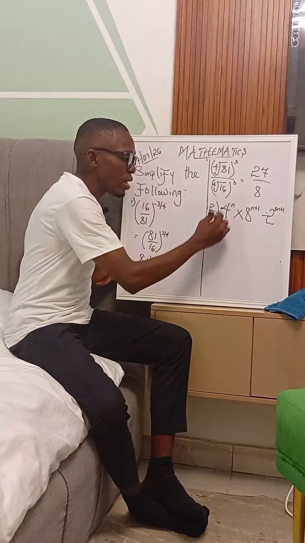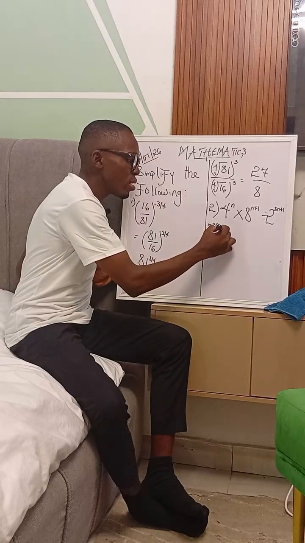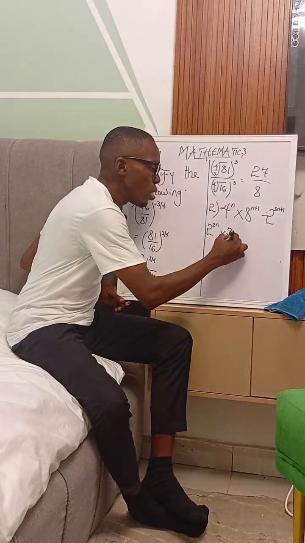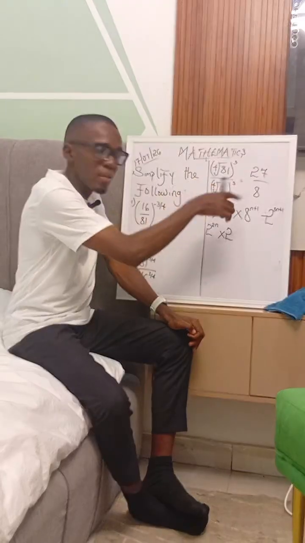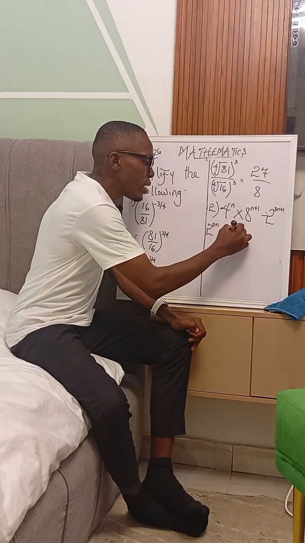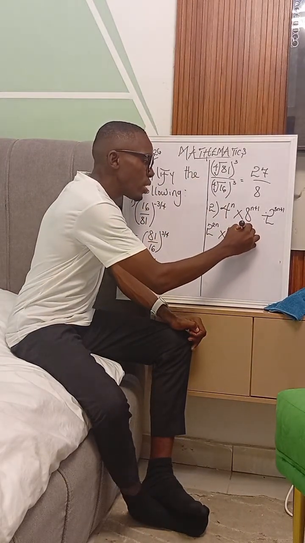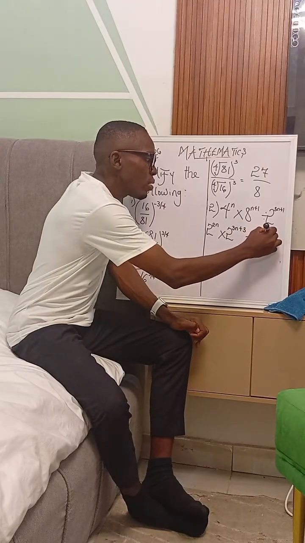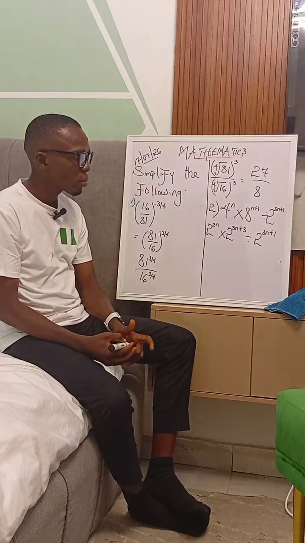That 2 multiplies n here and becomes 2n. Multiplied by 8, which can be written as 2 power 3. So I have 2 power 3, and 3 will multiply all of the powers. 3 times n, 3n. 3 times 1, 3. Then divided by 2 to the power of 3n plus 1, which remains the way it is.